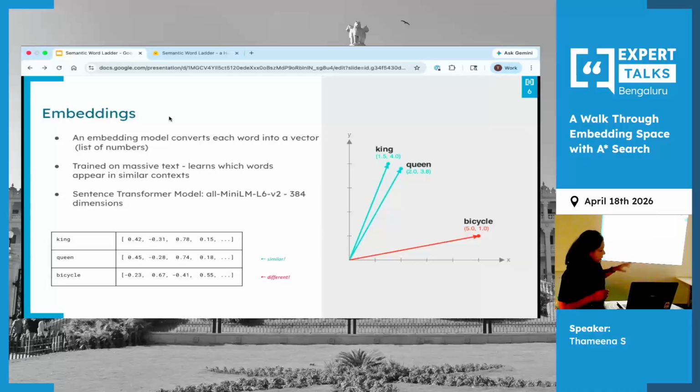So king and queen, 2 words used in similar context, will be close to each other. And king and bicycle, 2 words not used in similar context, would be farther apart if you plot it. So this is how it looks, right? And this is what an embedding is, nothing but an array of numbers that actually contains the meaning of these words. So when you plot it, words with similar meanings will be adjacent to each other.